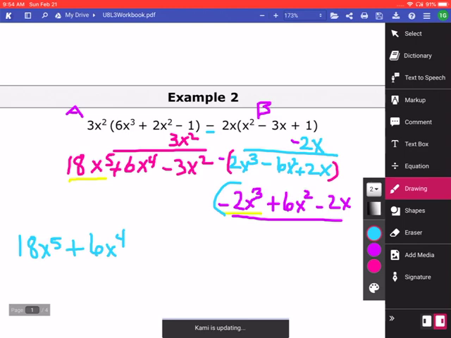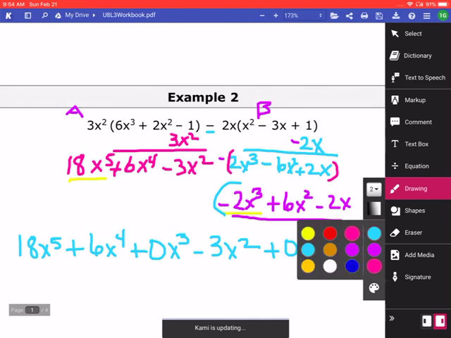Now we don't have a 3rd, so we're just going to add a plus 0x cubed. Then we're going to add our negative 3x squared. We don't have an x, so we're just going to put a plus 0x. Now, if we had a number on the second part, we could add plus 0, but since this stops at just an x, we don't have to go that far.